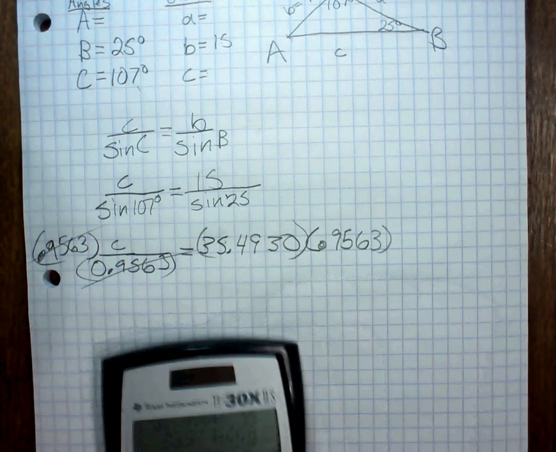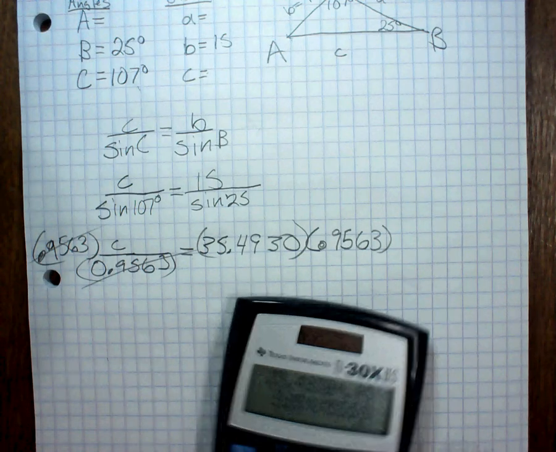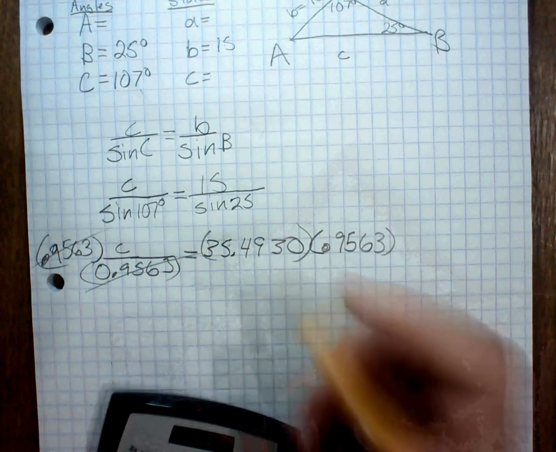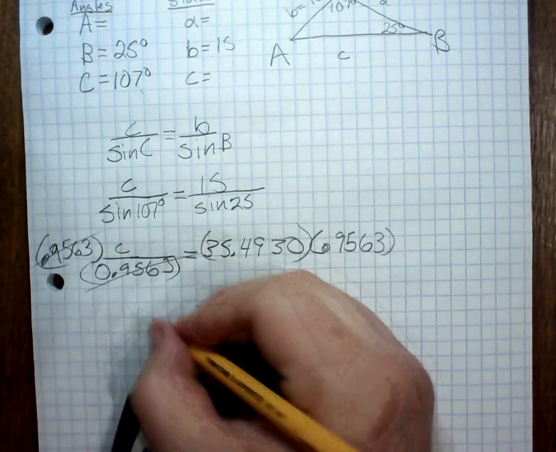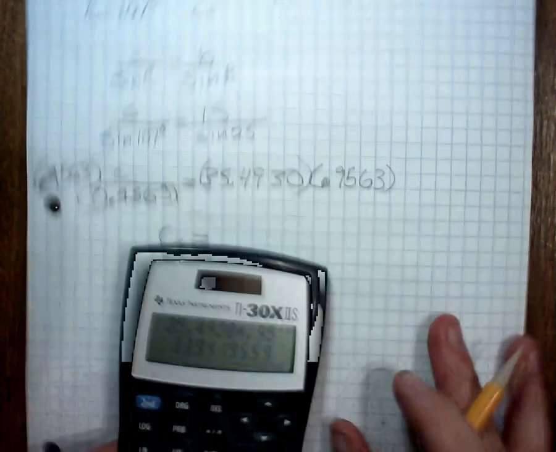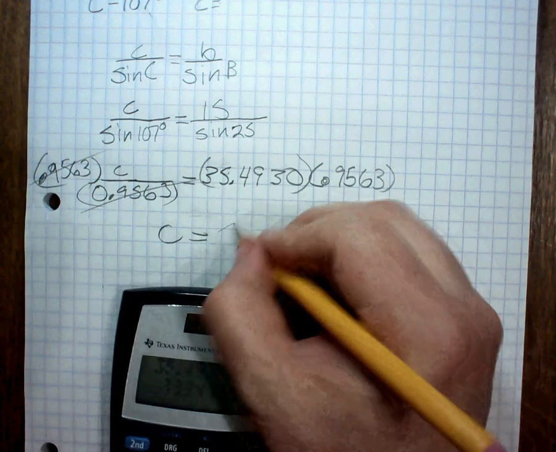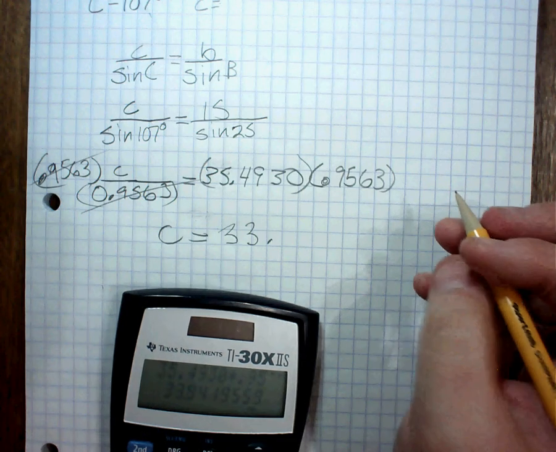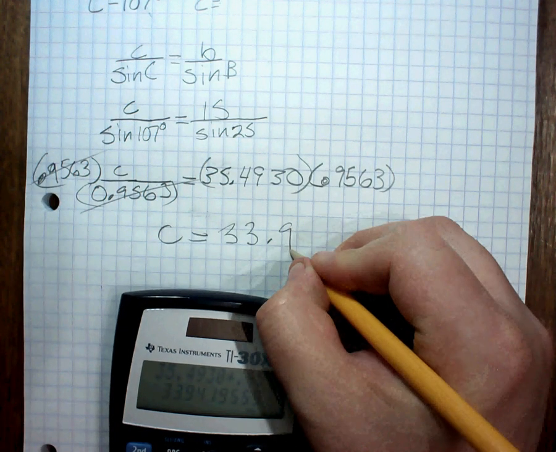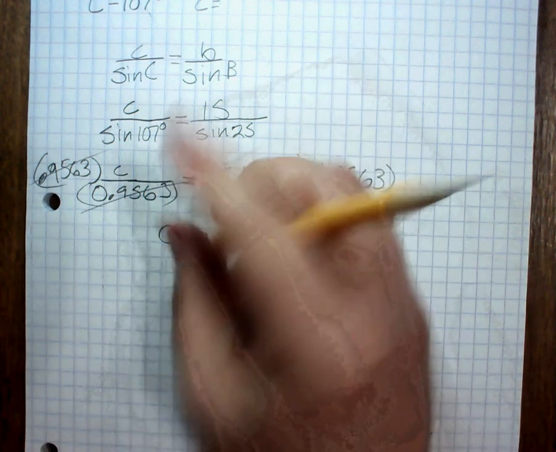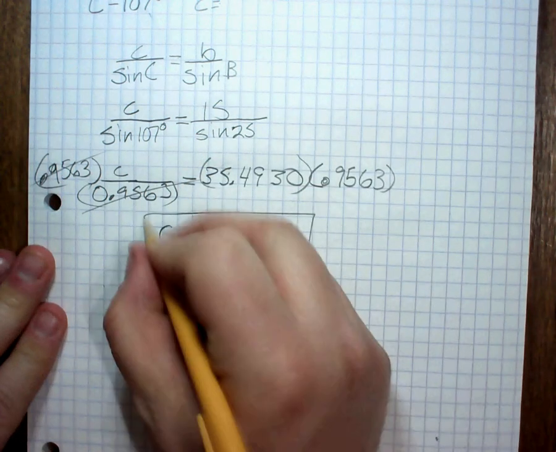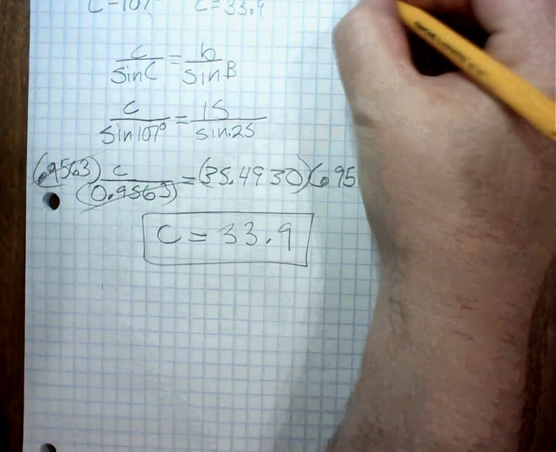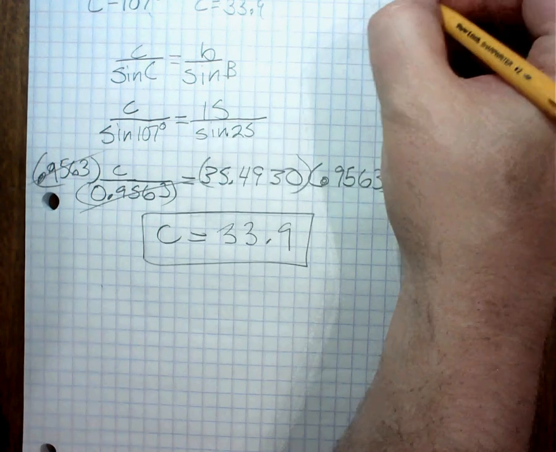And I get this number here. These cancel, so I'm left with c, and then that equals 33.9, and I'll just round it to the tenths. So c is approximately this. So that's 33.9. So I'm just going to label that in, 33.9.